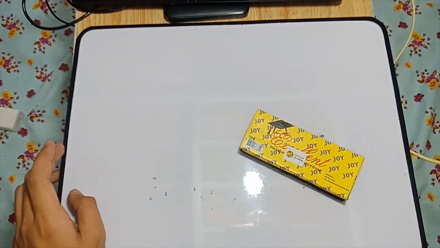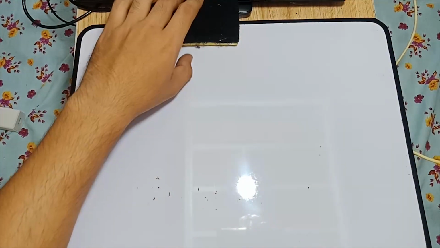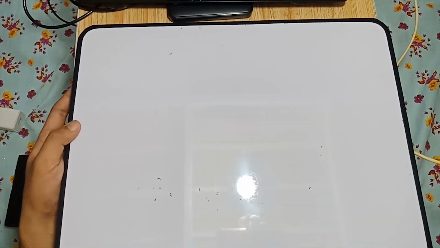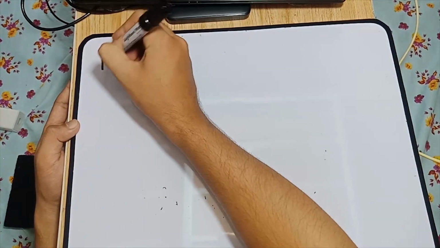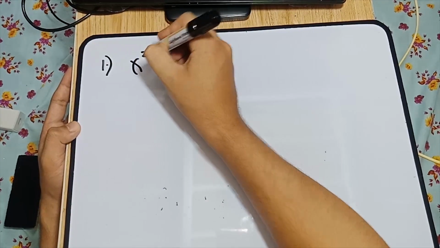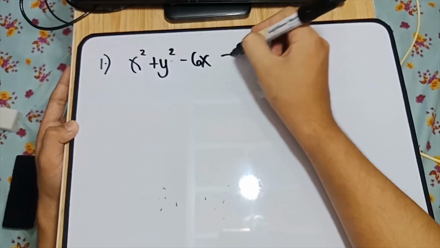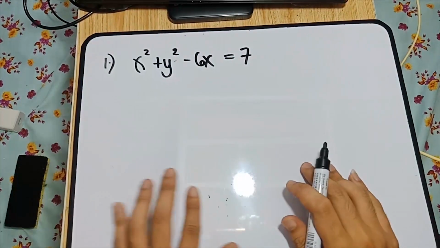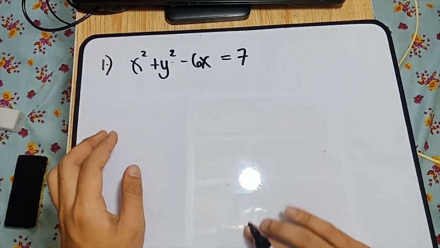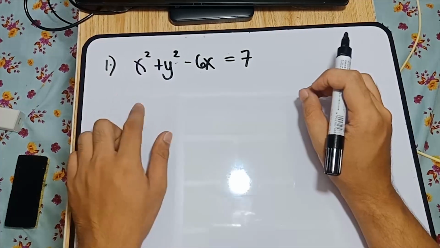So, example number 1 natin. We have the given equation, x squared plus y squared minus 6x equals 7. Now, you are required to find the standard equation of the circle.